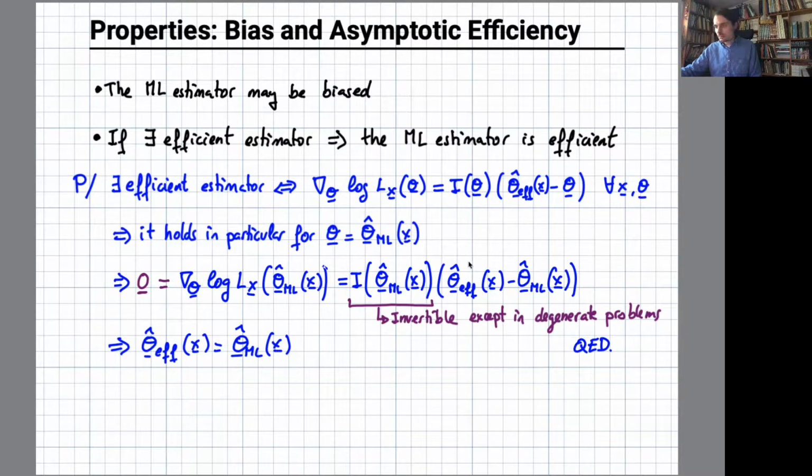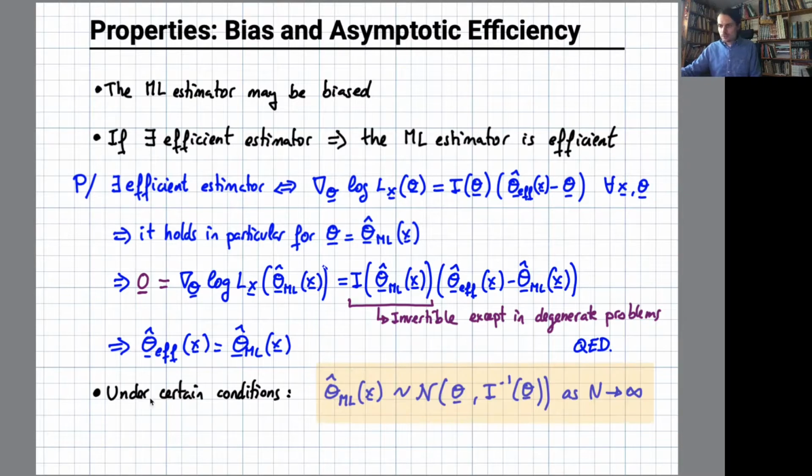So just by using that, we obtain that the efficient estimator must equal the maximum likelihood estimator, right? And this concludes the proof. As you can see, it's very simple and elegant.